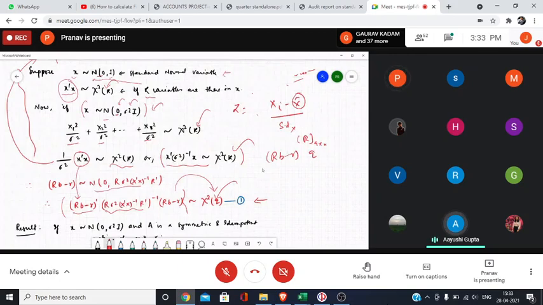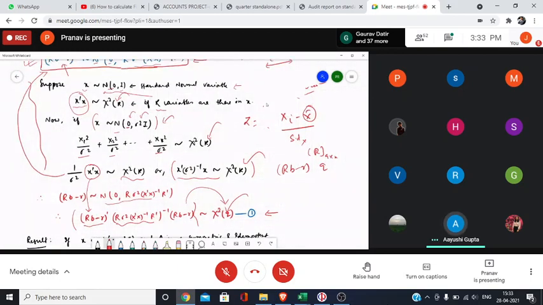So x transpose x. This x has changed: its variance has changed to sigma square into I, because here I have now defined x with this.